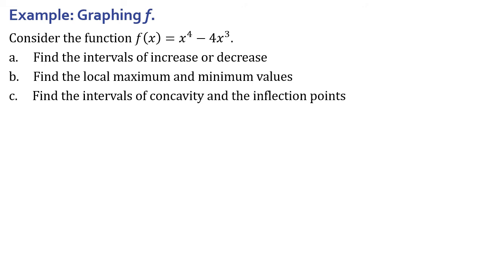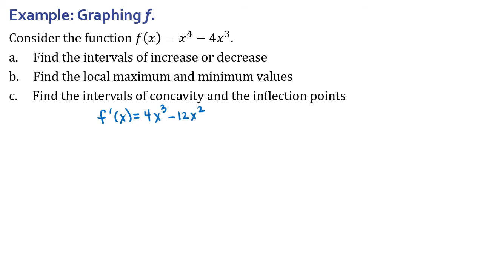All right, so now let's look at the intervals of concavity and the inflection points. Concavity and inflection points come from our second derivative. To find that second derivative, let's first recall the first derivative, which was 4x cubed minus 12x squared.